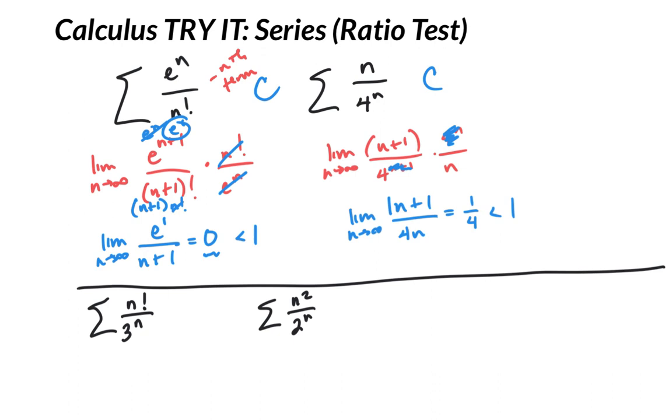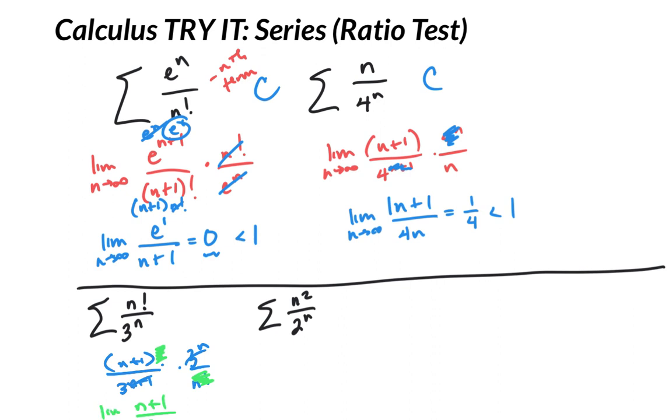All right, here's my work. I would take the next term. Divide by the nth, so multiply by the reciprocal. I'm going to have a leftover 3. I'm going to have an n plus 1 on the top. So n plus 1 over 3.